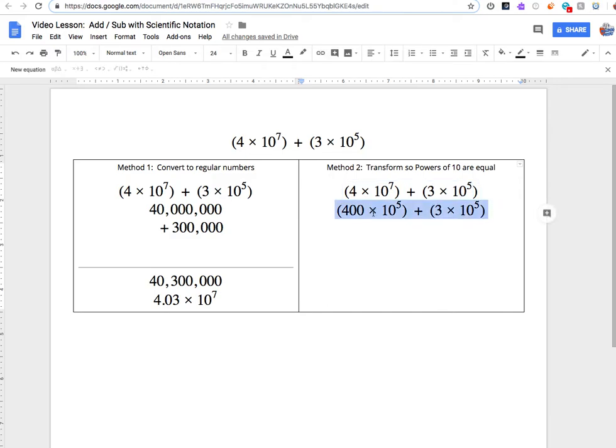Now that we see both of these, 400 times 10 to the 5th, 400 copies of 10 to the 5th, plus 3 more copies of 10 to the 5th, that just ends up being 403 copies of 10 to the 5th. Now that's not in scientific notation. We would need to move the decimal point 2 places to the left. 403 could become 4.03.